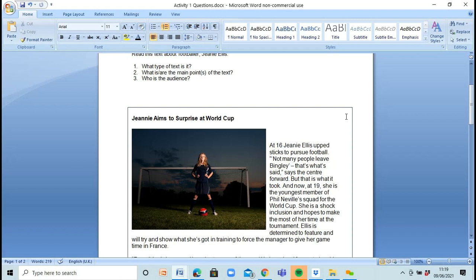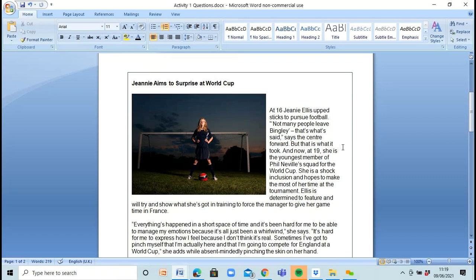Not many people leave Bingley, says the centre forward. But that is what it took, and now at 19, she's the youngest member of Phil Neville's squad for the World Cup. She is a shock inclusion and hopes to make the most of her time at the tournament. Ellis is determined to feature and will try and show what she's got in training to force the manager to give her game time in France.